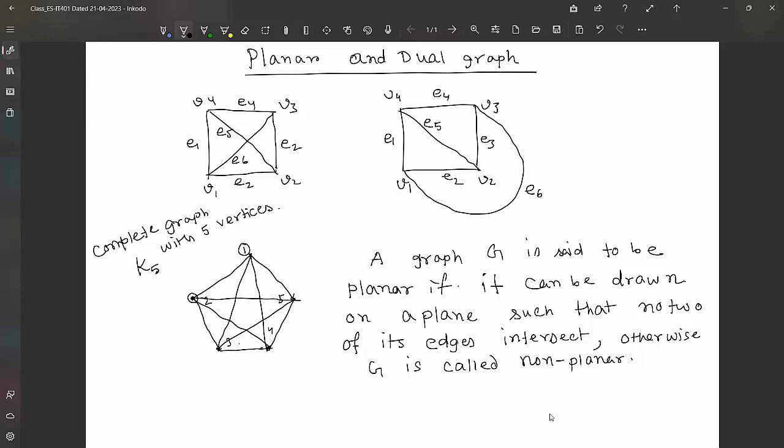Complete graph means a graph where we connect each possible pair of vertices by an edge. That's why this is called a complete graph. So here there are 5 vertices and we connect them with every possible vertex, and we have 10 edges here, and this is called K5, and K5 is one example of a non-planar graph.